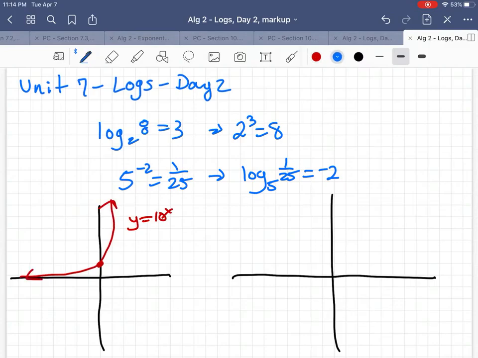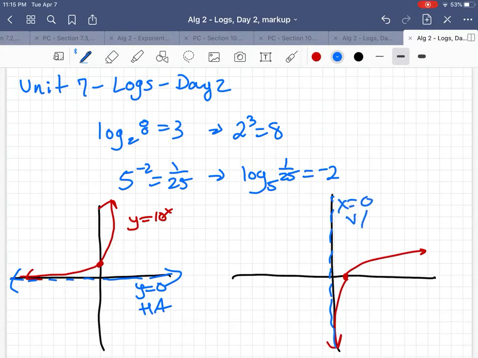And it had a horizontal asymptote of y equals 0. That was my horizontal asymptote. And then if we had a log function, it didn't go through 0, 1, it went through 1, 0, and it came up there, went down there. It had a vertical asymptote right here of x equals 0, our vertical asymptote.